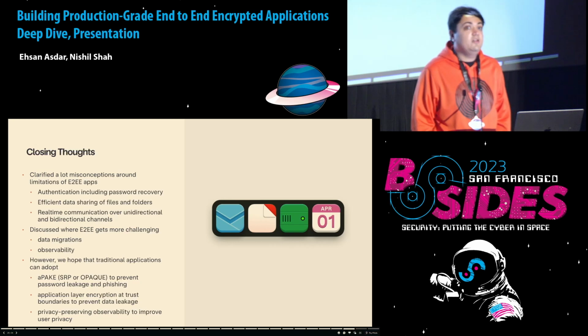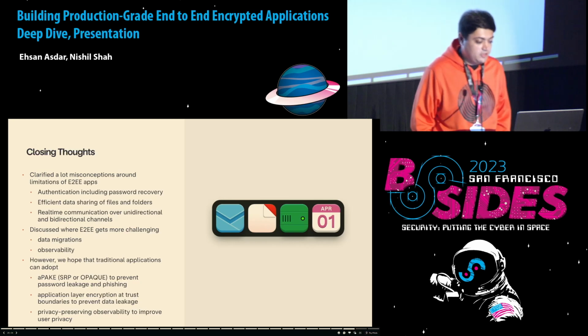But if you're building more traditional applications, what hopefully you can take away from this talk and take back to your own organizations is using SRP or OPAQUE to prevent password leakage and actually protect against phishing. You don't need to buy into the hype of hardware keys. They're great, they do their job, but we've had this protocol for 20 years to deal with this issue.